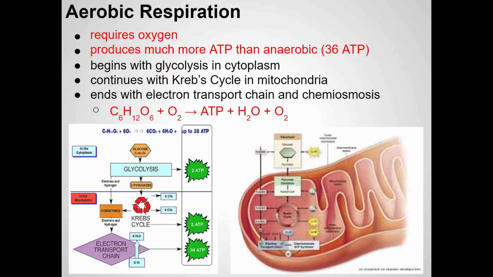So in 7th grade, you learned this equation for cellular respiration. And it's not wrong. Glucose plus oxygen produces ATP, water, and carbon dioxide. But again, as with photosynthesis, this year you're going to learn a little bit about the details of how that actually happens.